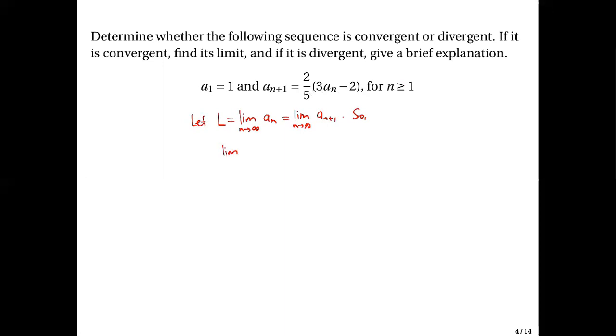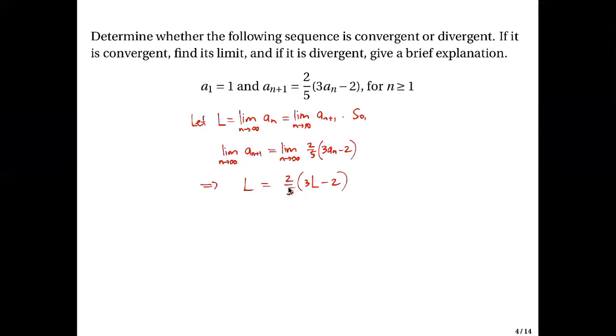So the limit as n approaches plus infinity of a sub n plus 1 is equal to the limit as n approaches infinity of 2 over 5 times (3 a sub n minus 2). But again, from this assumption, the left-hand side is just L. The right-hand side will be 2 over 5 times (3L minus 2).